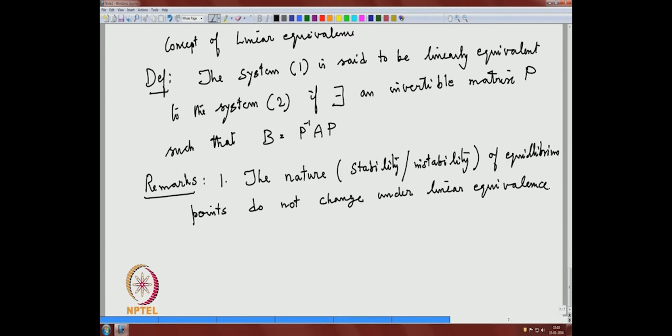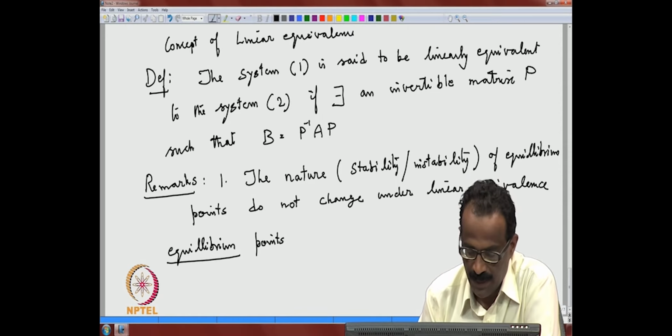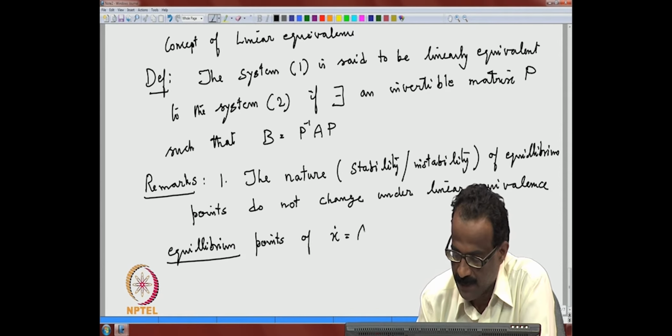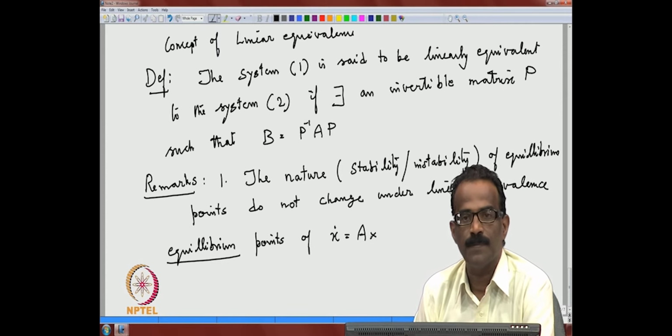So, what are these equilibrium points? So, recall. You will see again, as I said, more on nonlinear systems about it, with correct definitions again. Equilibrium points are actually solutions of the linear system x dot equal to Ax. Okay.